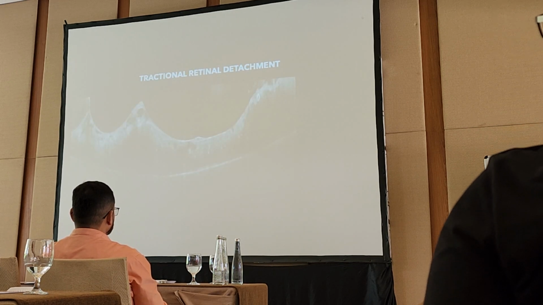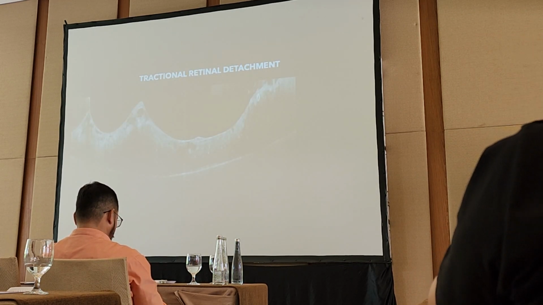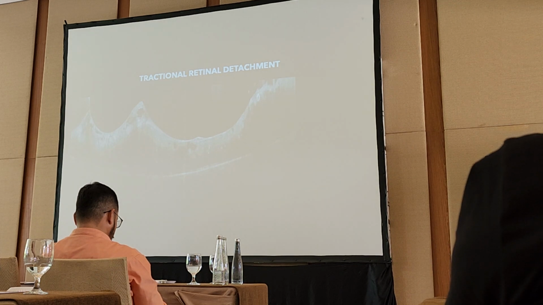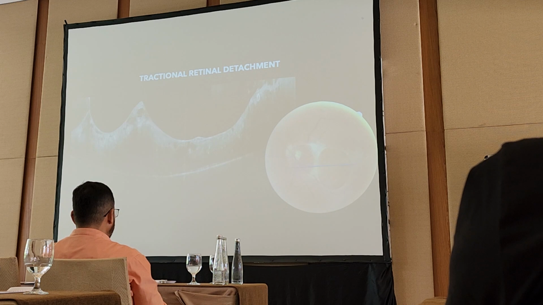This is an example of a tractional retinal detachment. You cannot see any normal retinal architecture in this picture. Well, maybe you can, with only the RPE here. The retina has been torn apart. This is the fundus photo. We can see the traction over here.